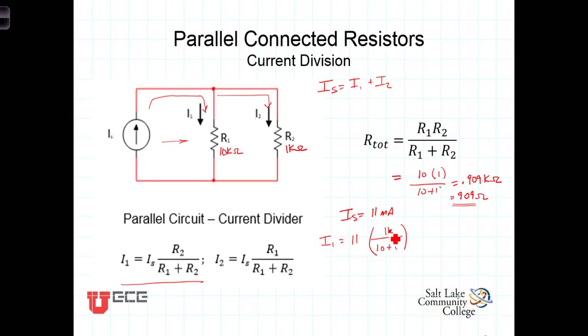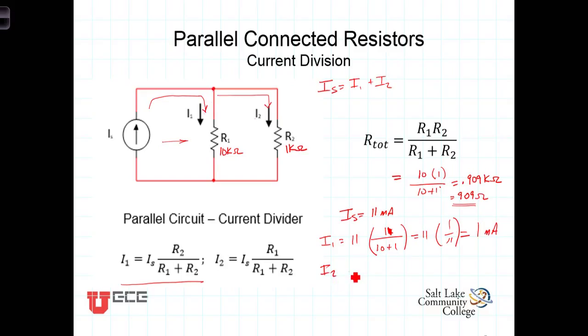Now we don't typically write the units when we're doing calculations. Anyway, we have then the current going through R1 is going to equal 11 times 1 over 11. Or 1/11 of the current is going to go through here, which is equal to 1 milliamp.